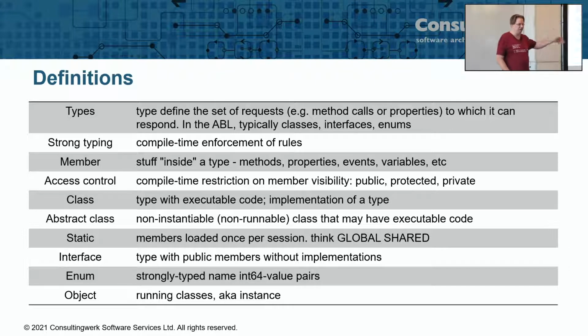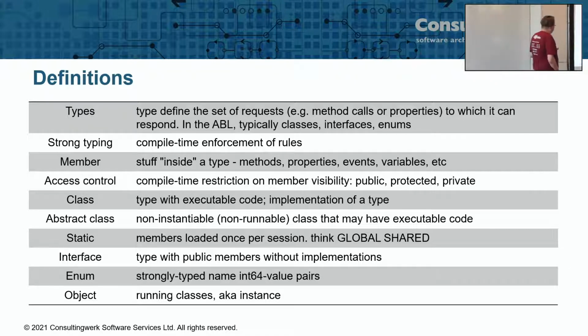In Java, the term class may be more popular. In the .NET world, it's the term type. And the terms used in OpenEdge object orientation sometimes look a bit at Java, a bit at .NET, and so it sometimes gets confusing. The using statements in Progress are a little bit more like the import statement in Java, but a lot of the other stuff is more like in C#. So there are little nuances there.